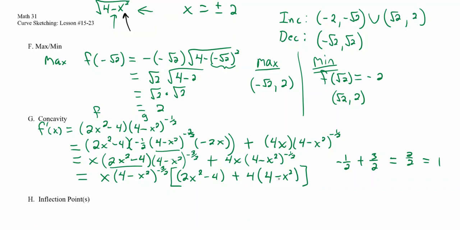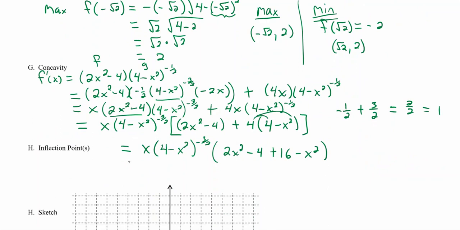Okay, so now let's go to work cleaning that up. That would be x times 4 minus x squared to the power of negative 3 over 2. And for this part, I'll distribute that one out. So we get 2x squared minus 4 plus 16 minus 4x squared, and then we'll collect those like terms.